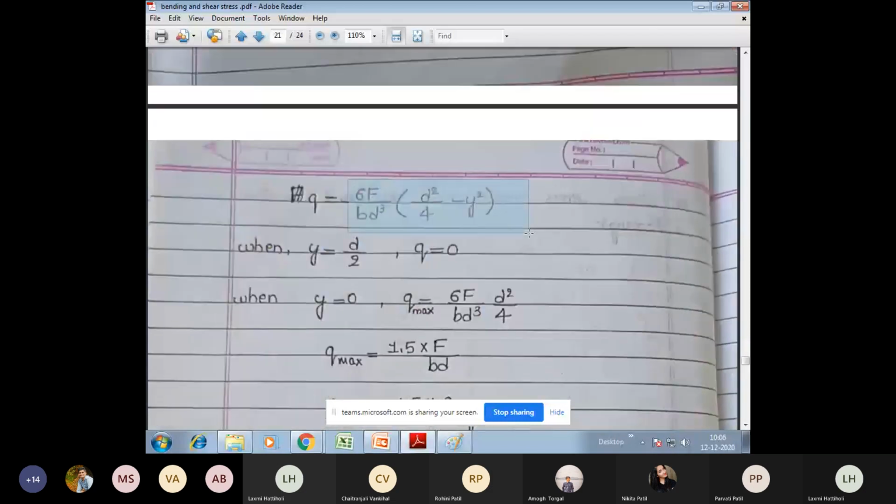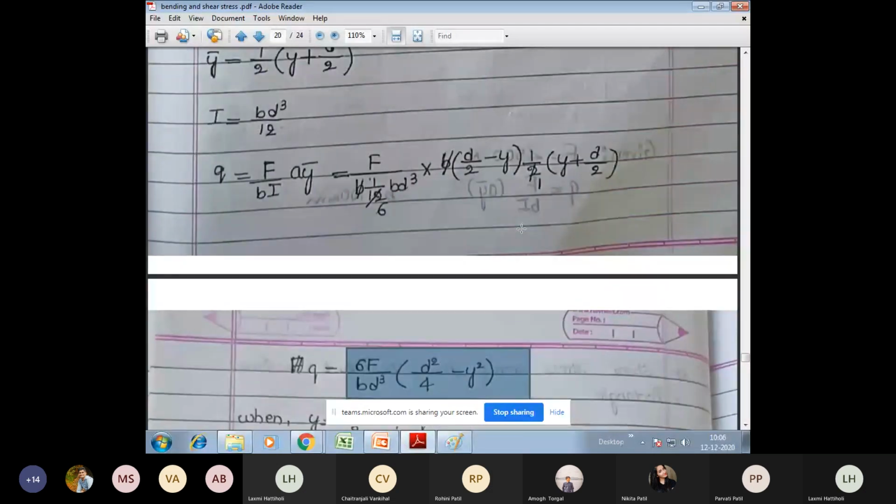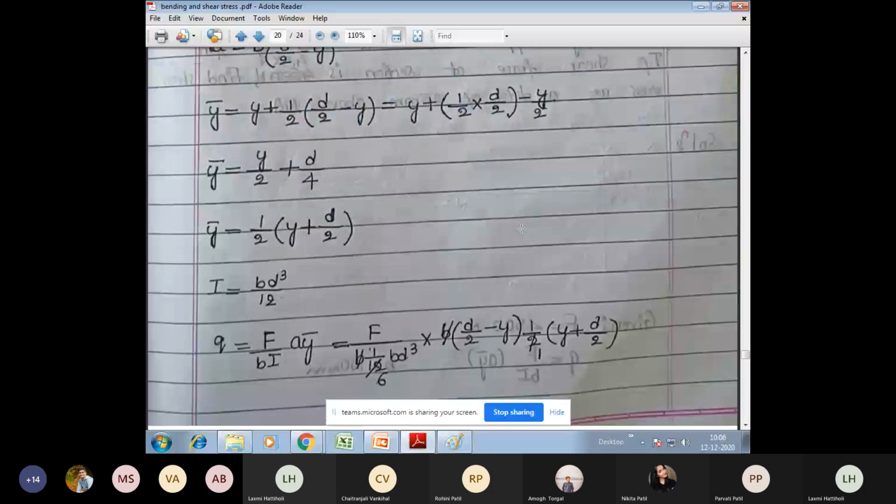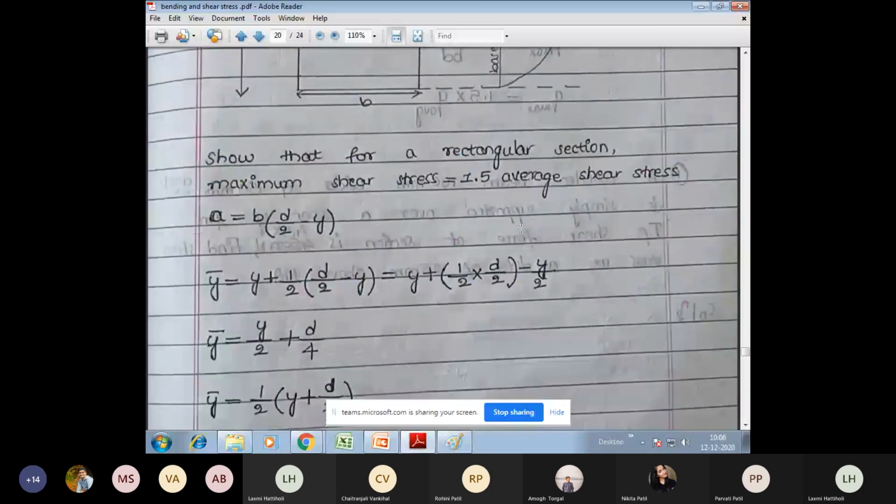In this formula, you have a term Y square. So when there is a term Y square, it means there is a non-linear variation, a parabolic variation. If it was simply Y, you would have taken a straight line, right? So once there is Y square, there is a parabolic variation. So that's why this parabolic variation has been drawn.